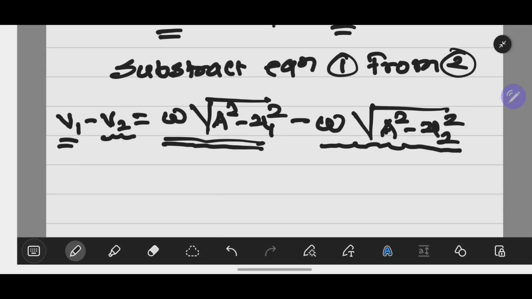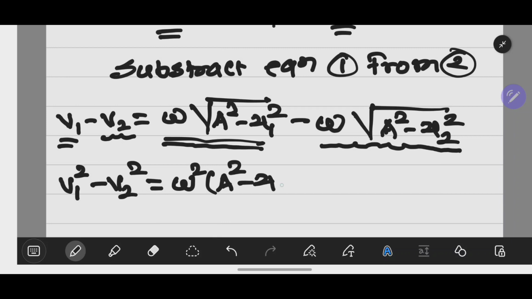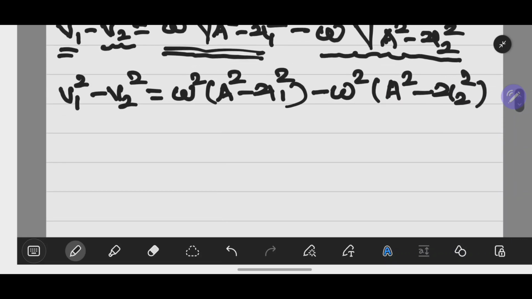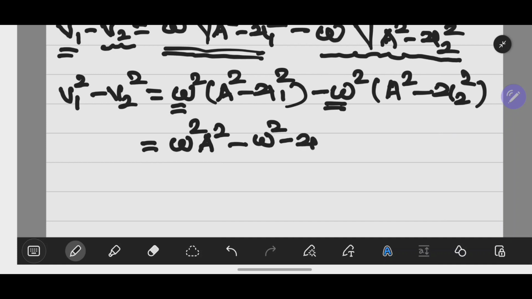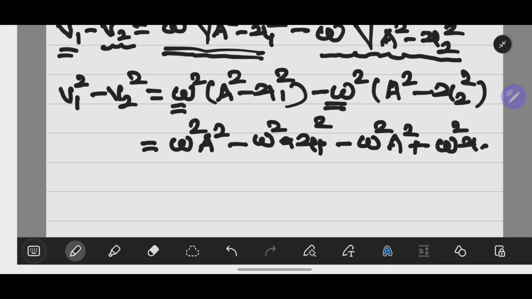If we square both sides, taking v1 squared and v2 squared respectively, it is omega squared into (A squared minus x1 squared) minus omega squared into (A squared minus x2 squared). Multiplying omega squared throughout the bracket: omega squared A squared minus omega squared x1 squared minus omega squared A squared, and minus minus becomes plus omega squared x2 squared.